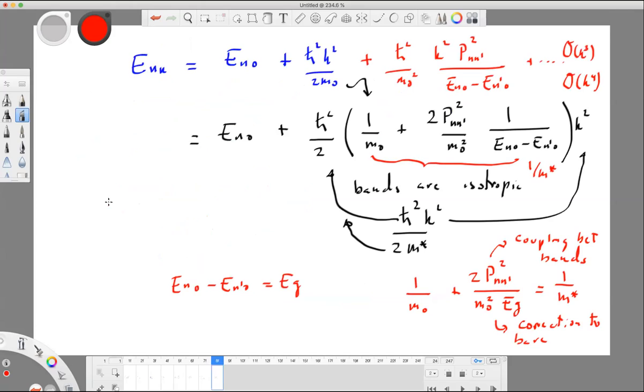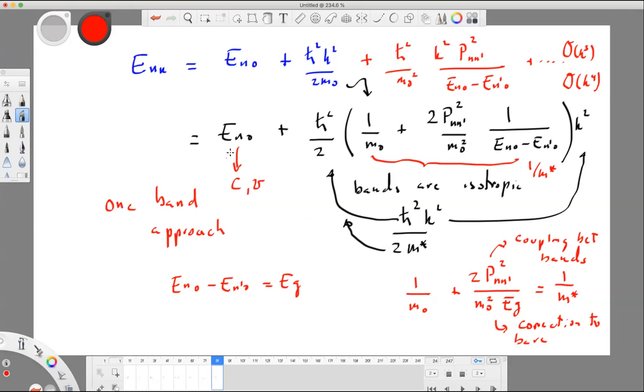So this is the one band approach, and we're going to see now the two band approach, so we're going to obtain both effective masses. Here we obtain one effective mass, eliminating the other band. This is the simplest. So we eliminate the effect of n prime. Here this is going to be one band, either the conduction or the valence band.